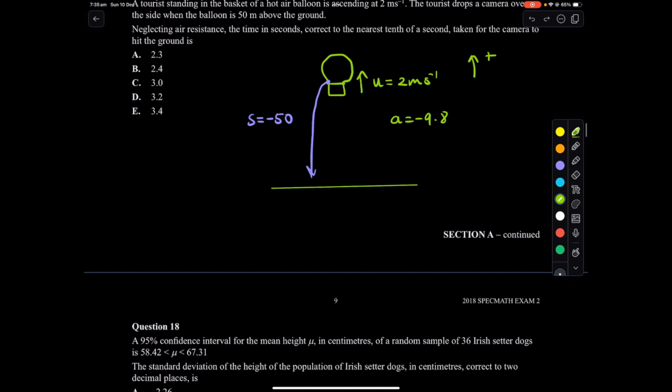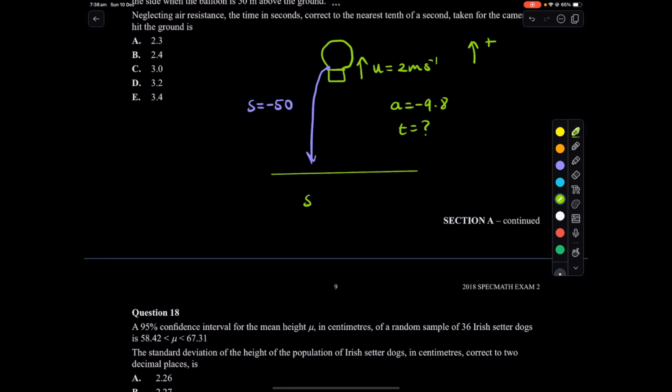Now, using your SUVAT formulas to calculate time, let's do that. What is it going to be? Well, if we use S equals UT plus half AT squared, where S is -50, U is 2, T we don't know, half A is -9.8, T squared.